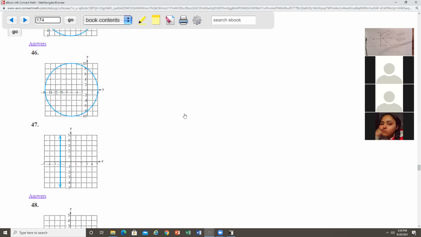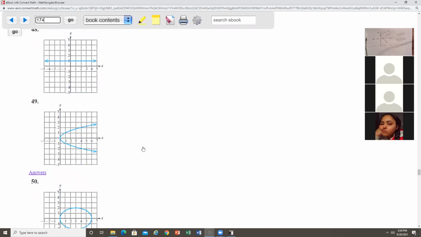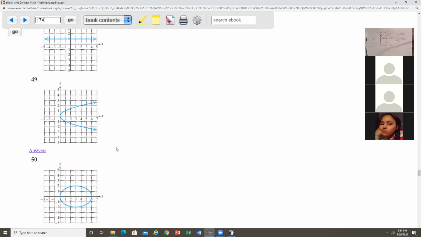That makes sense? Okay. So from a graph, it's pretty easy to determine what the x and y intercepts are. For number 49 here, the graph of this parabola opening to the right, what would be the y-intercept? The origin, (0, 0). What would be the x-intercept?